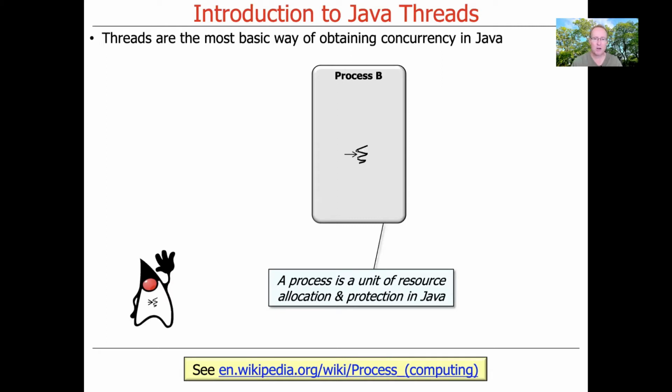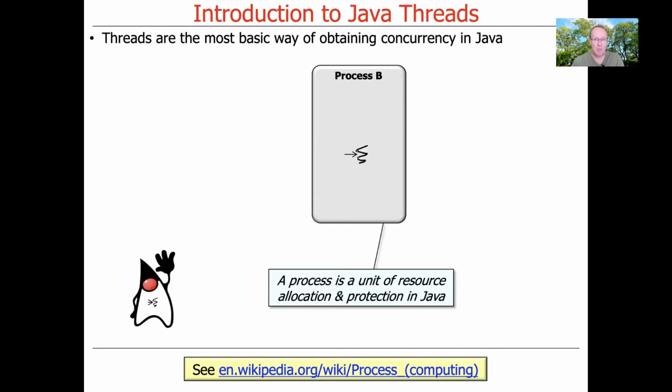And processes are really things that come from the operating system level, like Windows or Linux or Solaris or whatever your favorite operating system may be, Mac OS. And so the process is used to allocate resources like memory, file descriptors, sockets, and so on.